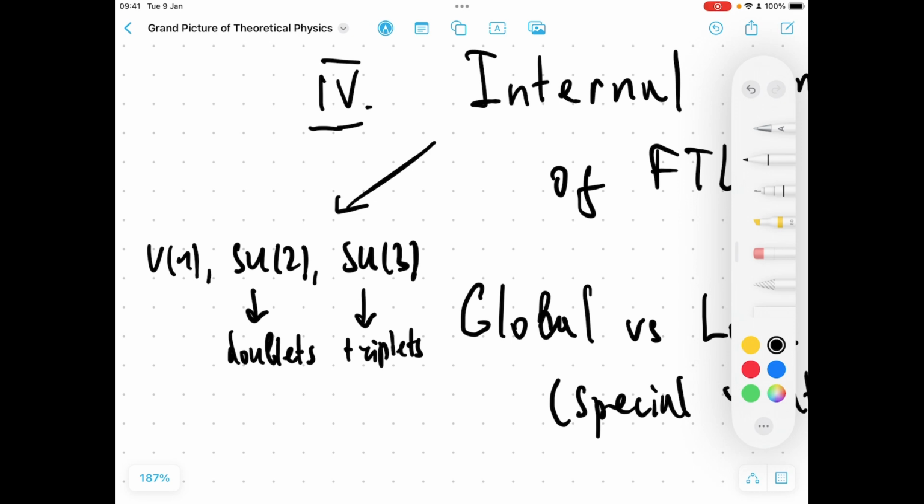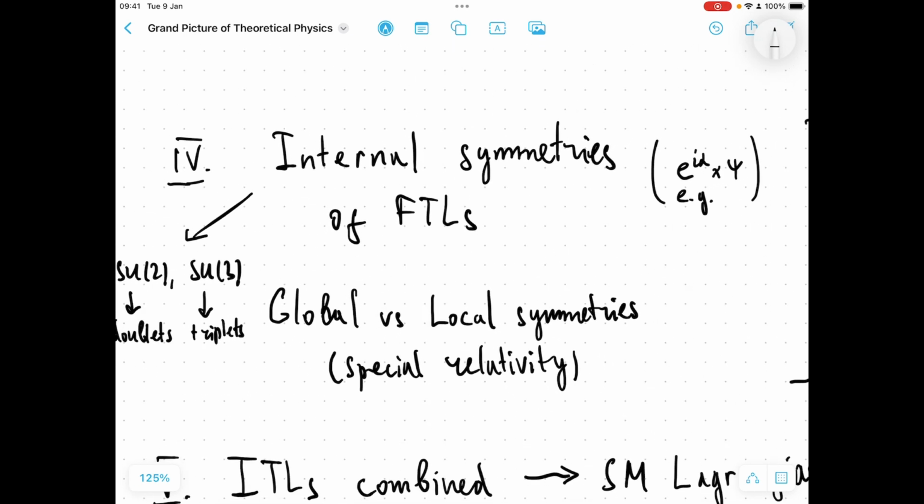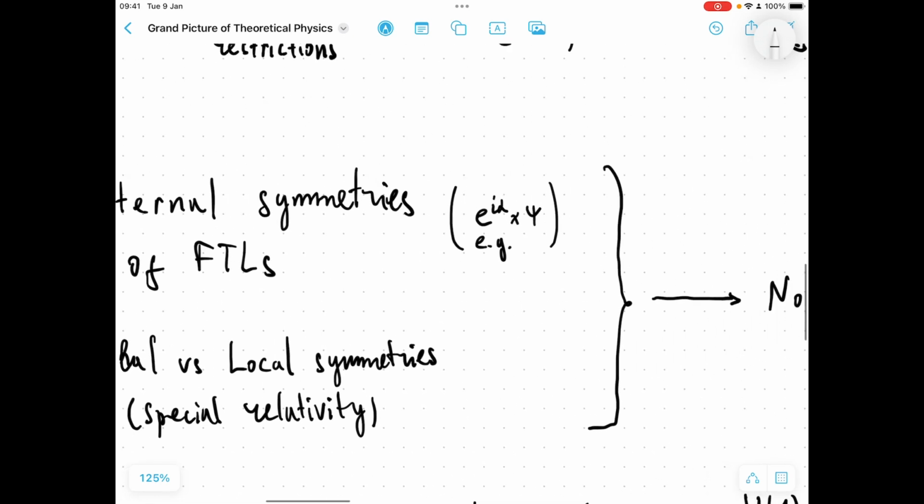With U1, we will be acting on the singlets, so on scalars. SU2 will act on the doublets, like 2D vectors, like spinors in this case, and SU3 on 3D vectors, like C3 elements, so it's called triplets.